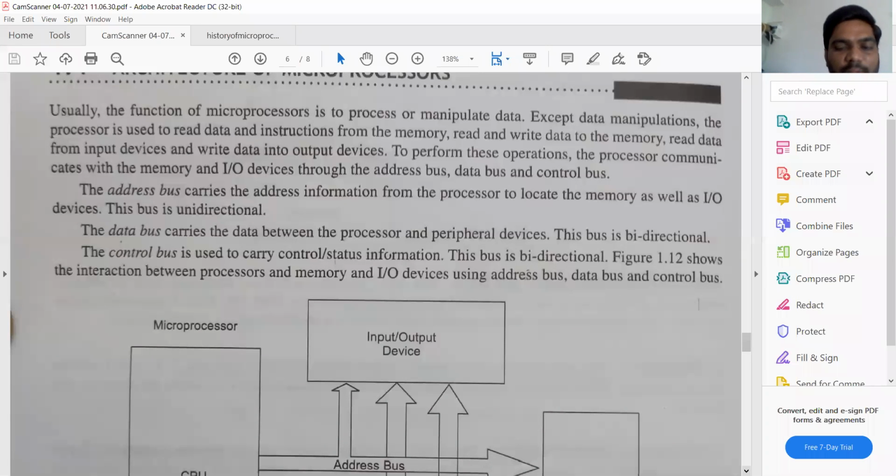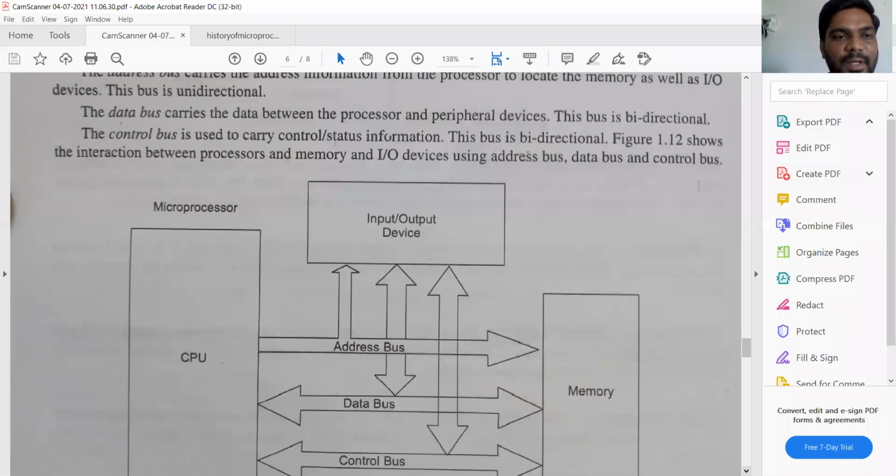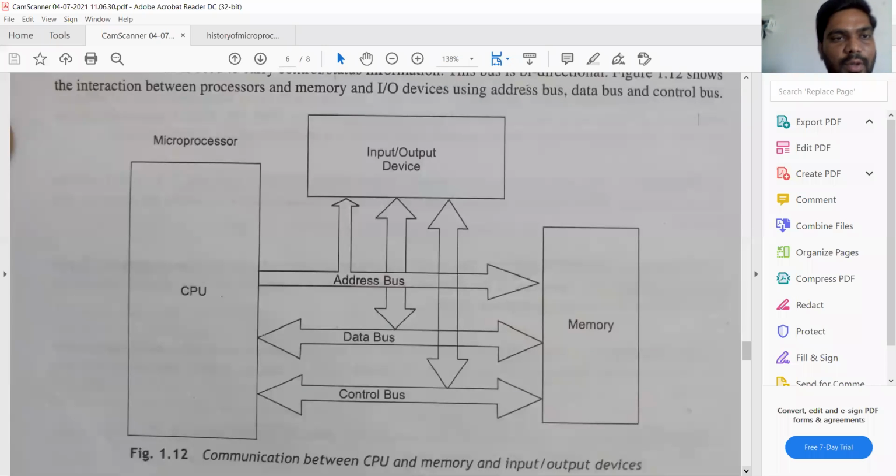This was the architecture that we discussed in the last class, which consists of a CPU, which is nothing but a microprocessor, an input device and an output device, and a small memory to store the data or instructions.